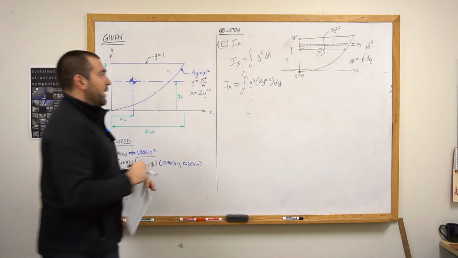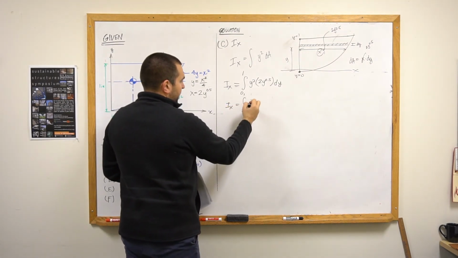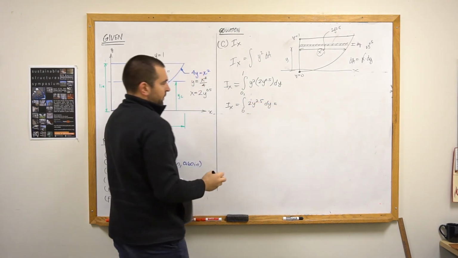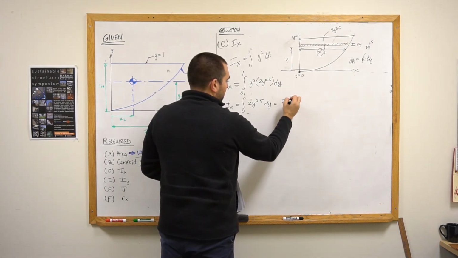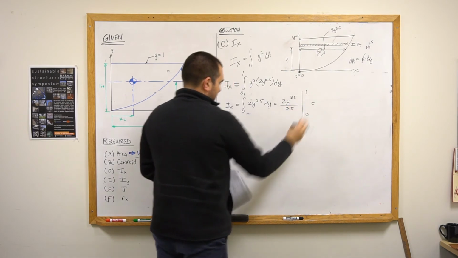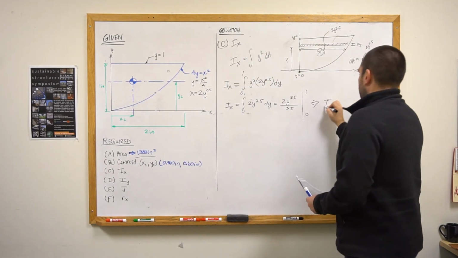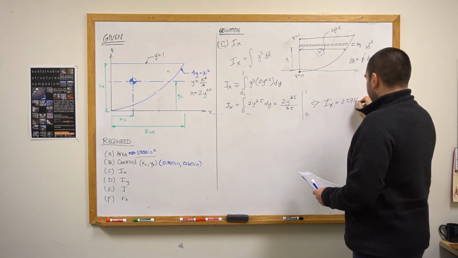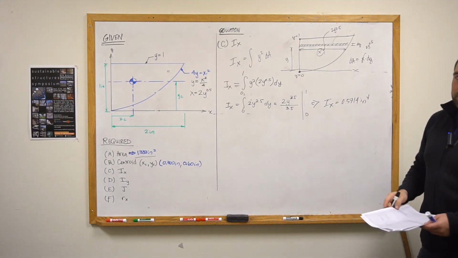Now I can combine like terms to make life a little bit easier. 0 to 1, and I get 2y to the 2.5 power dy. If I integrate that, I get 2y to the 3.5 power divided by 3.5, evaluated at 0 and 1, and I get Ix equals 0.5714, and this will be in units of inches to the fourth.